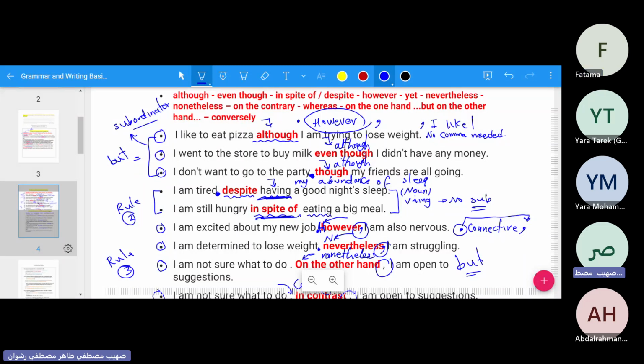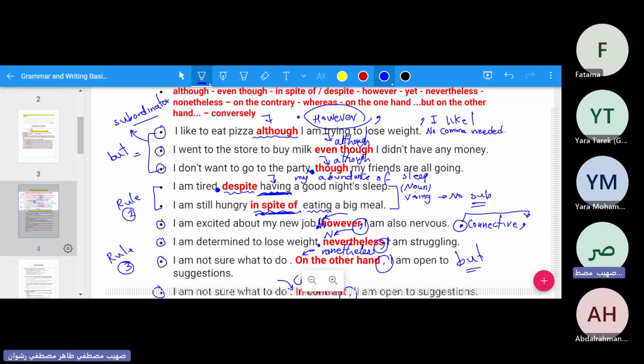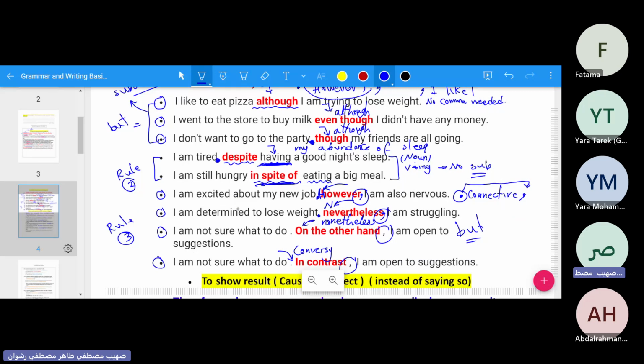Clear. Rule number 2, okay, this is an independent case because the only two conjunctions here, despite and in spite of, are not followed by a complete sentence. What I mean by complete sentence, we are eating a big meal.